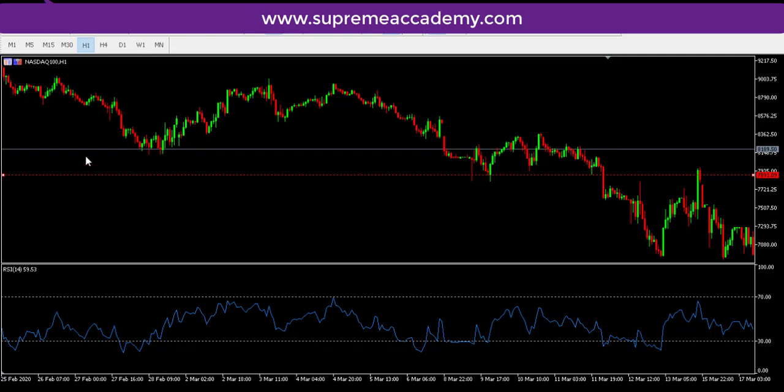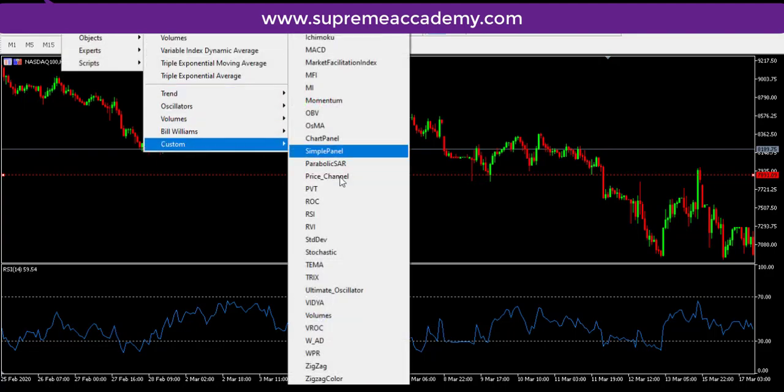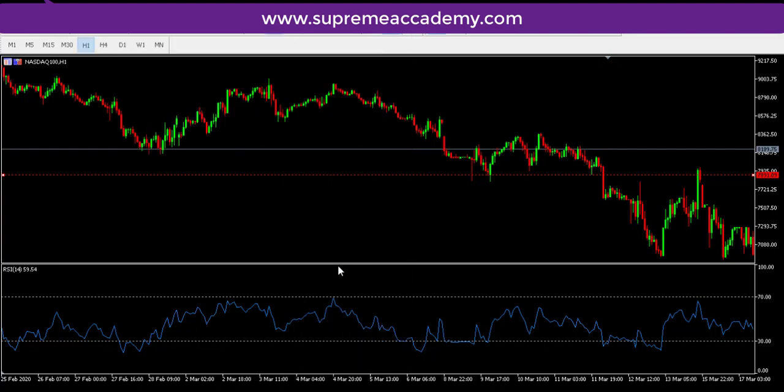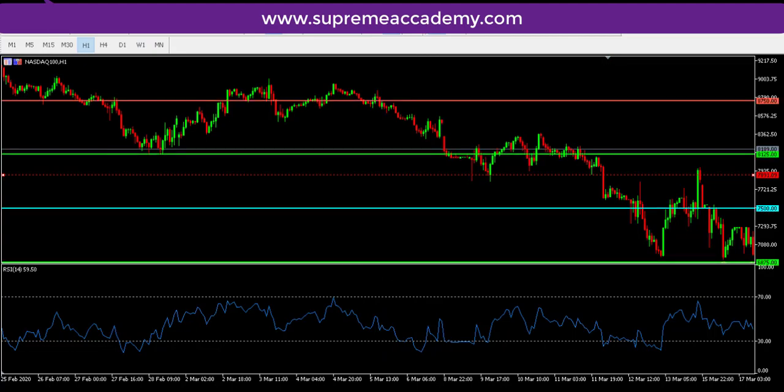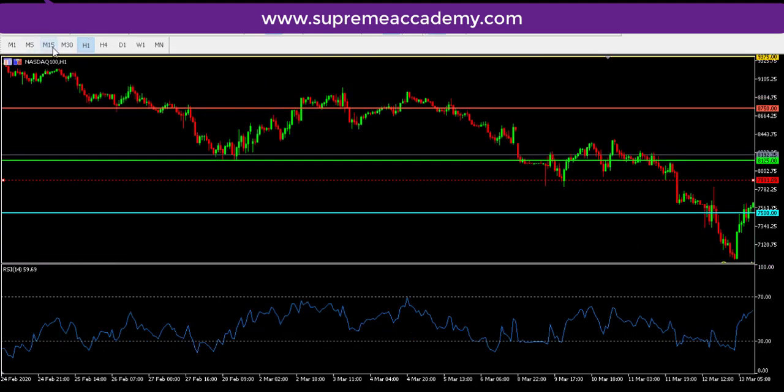So what I'm gonna do is I'm gonna insert another indicator. Most of the time, the only time frame I use to trade using this indicator is 15 minutes, but as your choice, you can choose any time frame you want. In my case I use 15 minutes and sometimes 5 minutes.